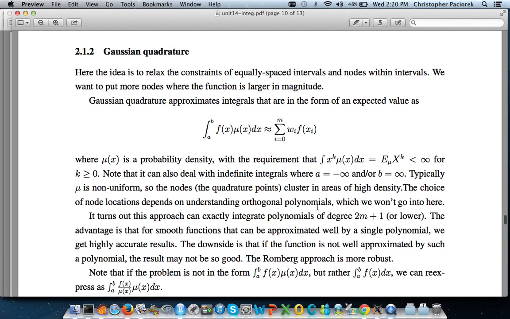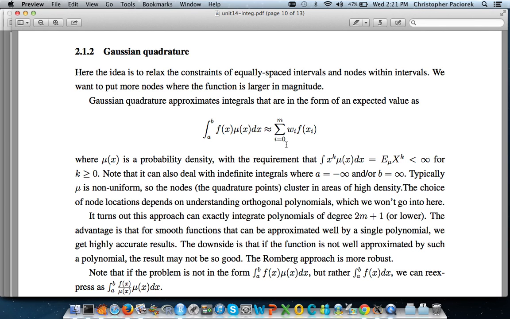And this approach, called Gaussian quadrature, can actually exactly estimate polynomials up to degree 2m plus 1. So depending on the number of points m that you choose, if the function is either exactly a polynomial of order 2m plus 1 or lower, or can be approximated by a polynomial of that order, then this approach will do a good job there.